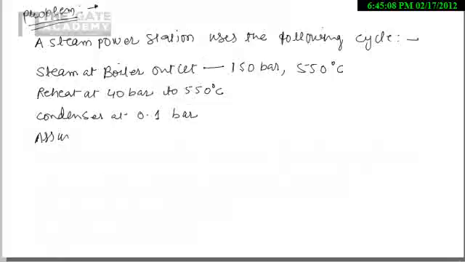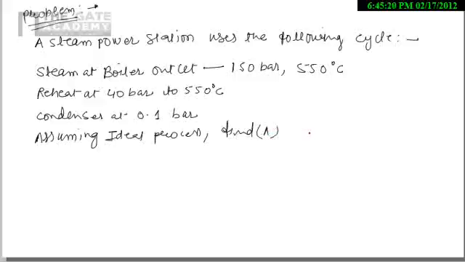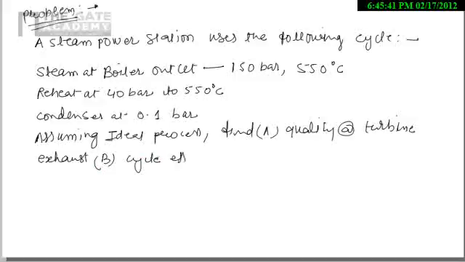So, assuming ideal process, find: A, the quality at steam turbine exhaust; B, the cycle efficiency; and C, the steam rate.